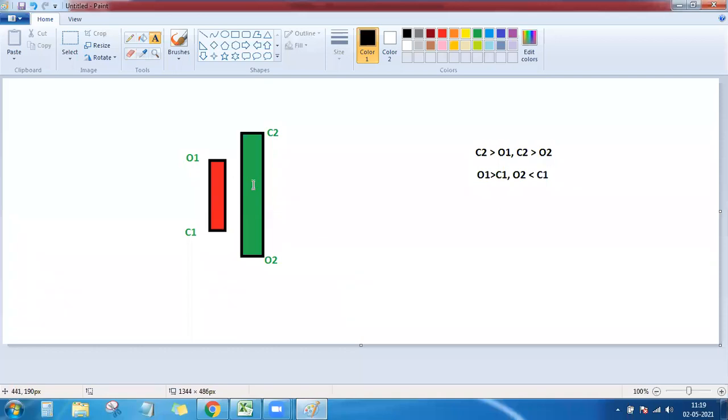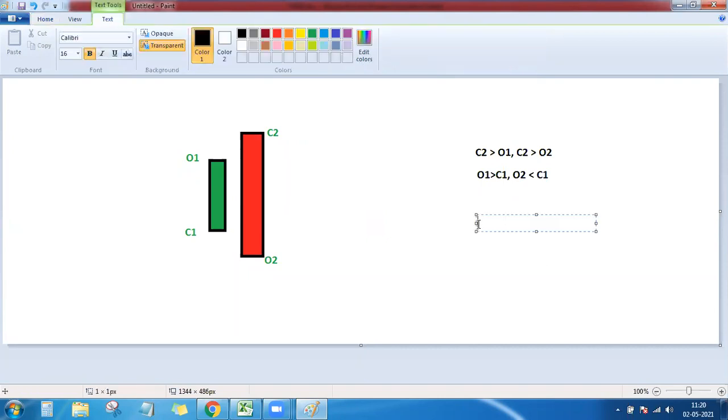So bearish engulfing, the first candle would be green and the second candle would be red. So likewise, you have to write the conditions. So first candle should be green. That means C1 should be greater than O1. Second candle should be red.